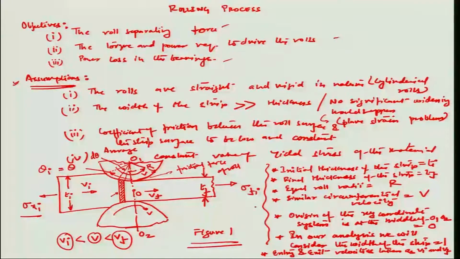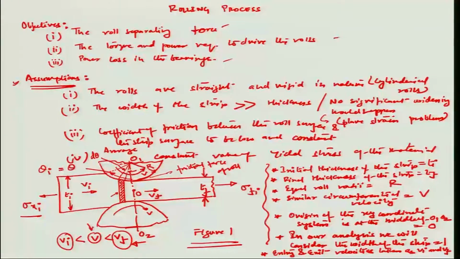So the final velocity of exit of the sheet is the initial velocity plus the velocity at which the metal is getting formed, and V is somewhere in the center, greater than Vi and less than Vf.